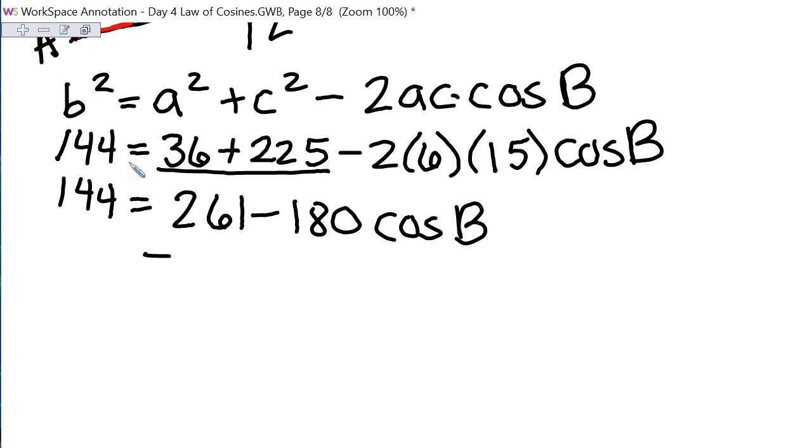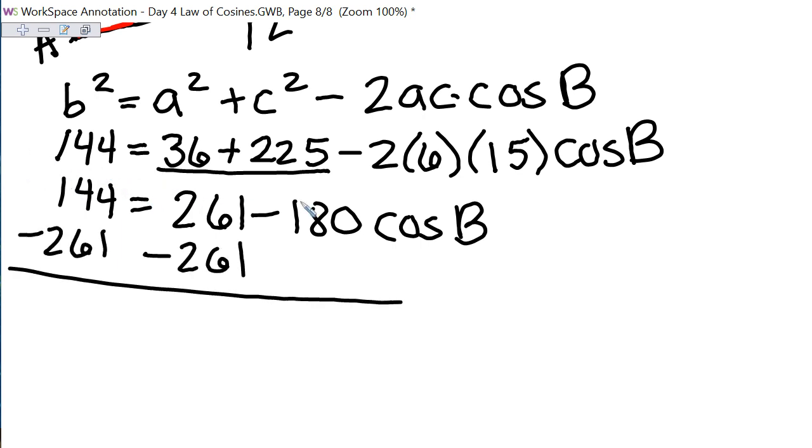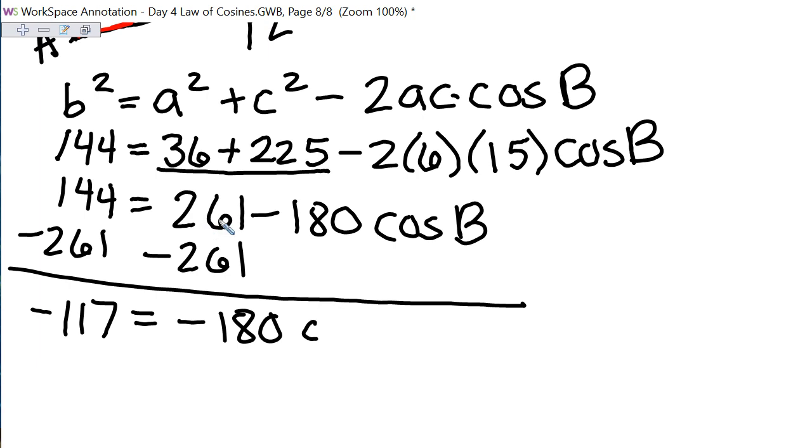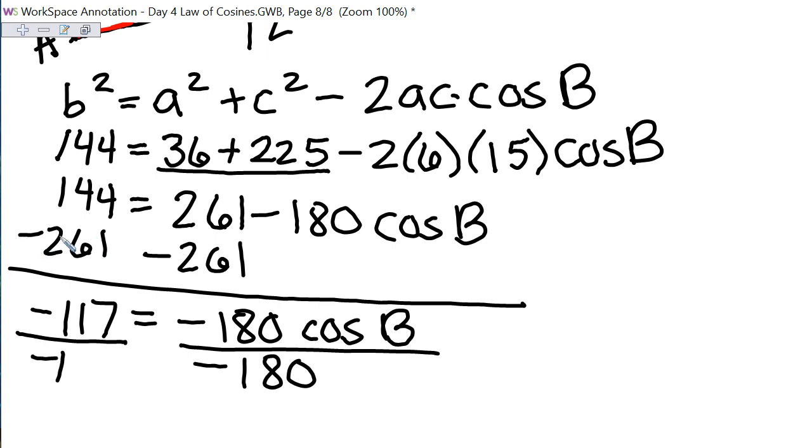Subtract 261 to both sides. Negative 117 equals negative 180 cosine of angle B. Divide both sides by negative 180. And negative divided by negative becomes positive.